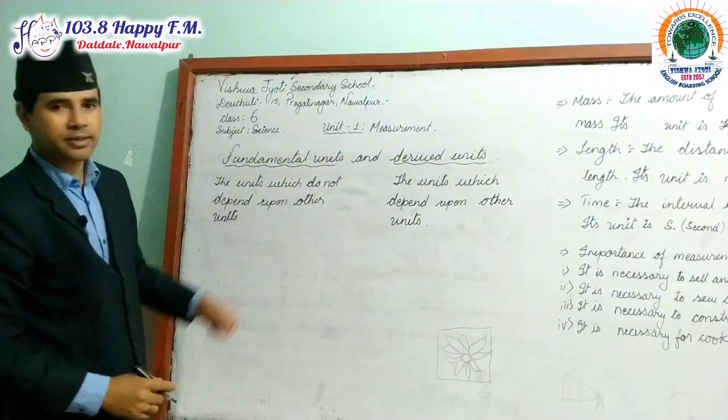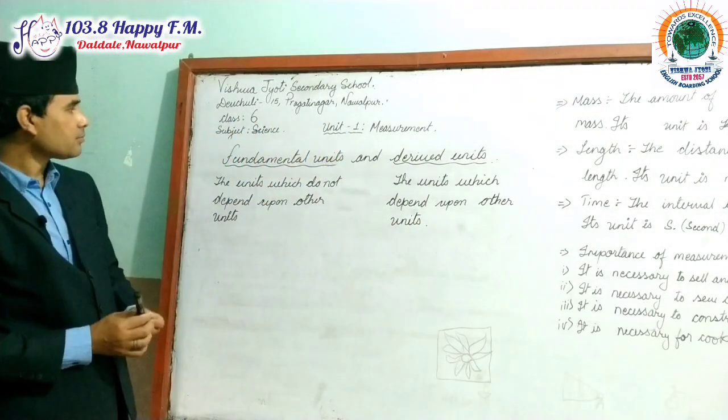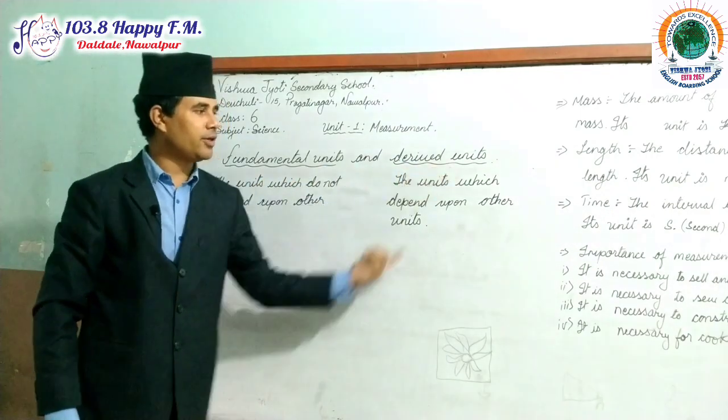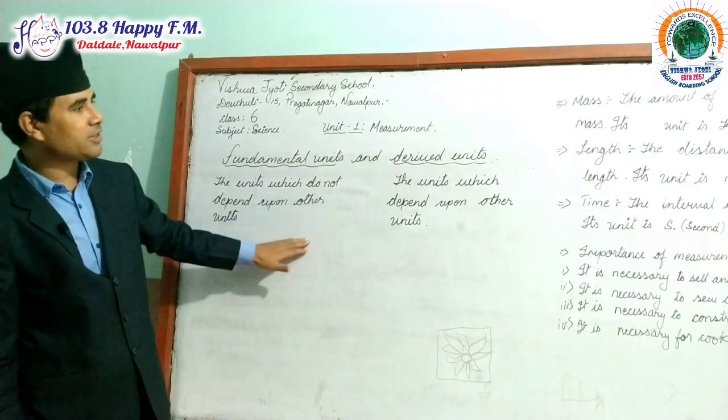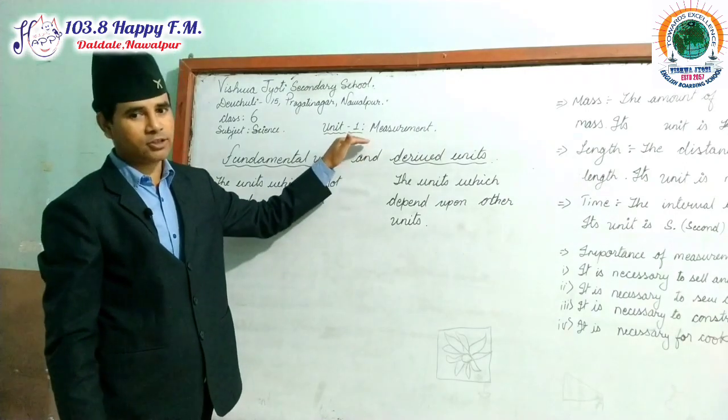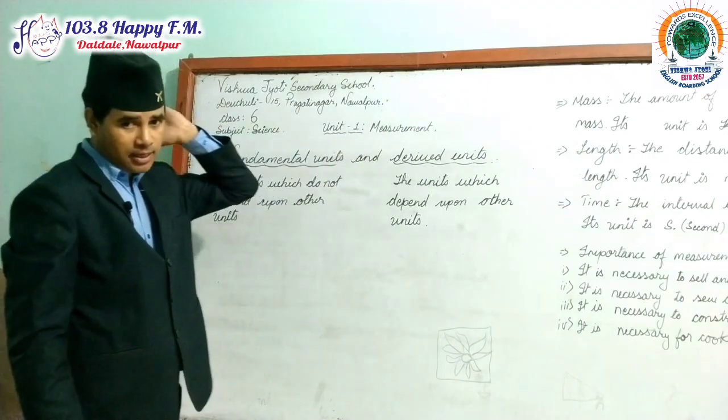These are the basic things. Now these are the basic things and difference between the fundamental units and derived units. Now students, these are the basic things which we should know and we should learn in class 6 at first topic, that is called a measurement.